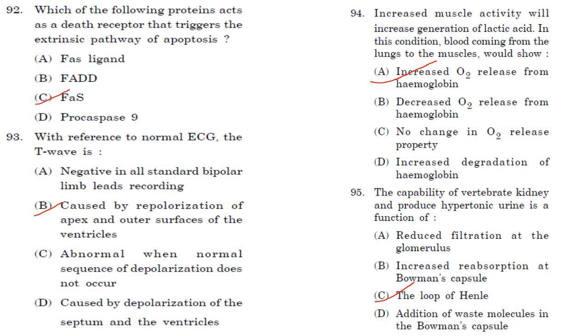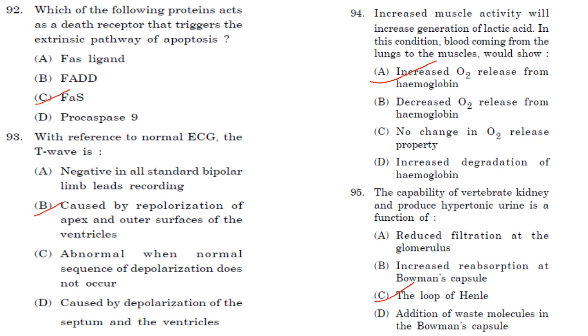With reference to normal ECG, the T wave is caused by repolarization of apex and outer surface of the ventricles. Answer is option B. Increased muscle activity will increase generation of lactic acid.